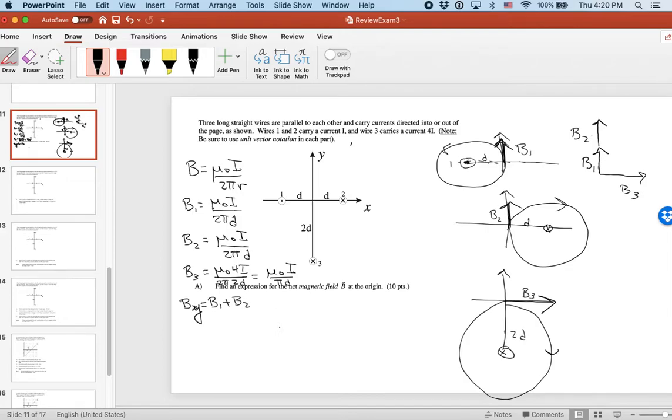And looking at B1 and B2 here, they're the same. So I can just say that's equal to 2 times mu naught I over 2 pi d, which is really just mu naught I over pi d. And now Bx is just equal to B3, which is equal to mu naught I over pi d.